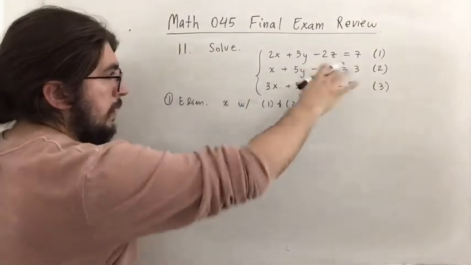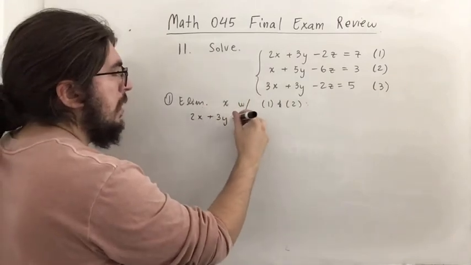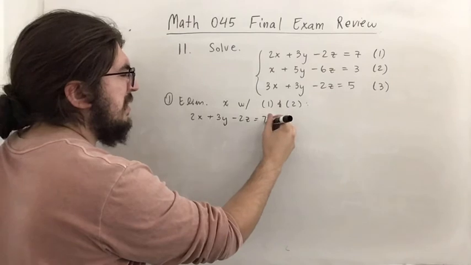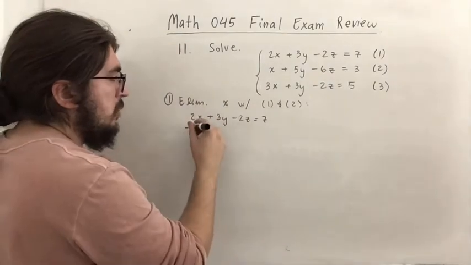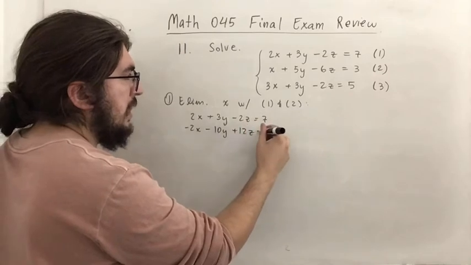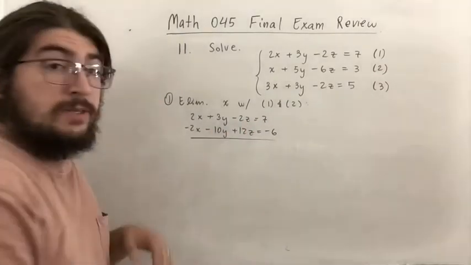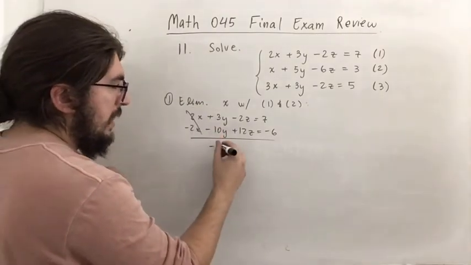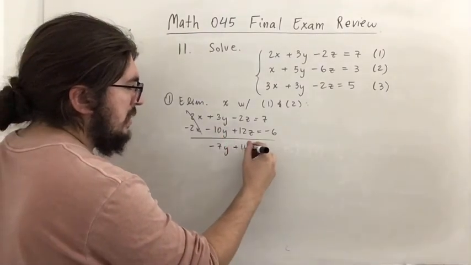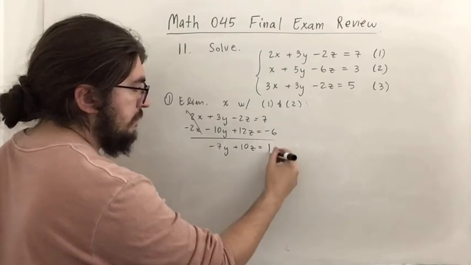So first let's write the top equation: 2x plus 3y minus 2z is equal to 7. Multiply the bottom by negative 2: negative 2x, negative 10y, positive 12z, and negative 2 times that is negative 6. Perfect. Add straight down, the x's cancel. We get negative 7y plus 10z is equal to positive 1.